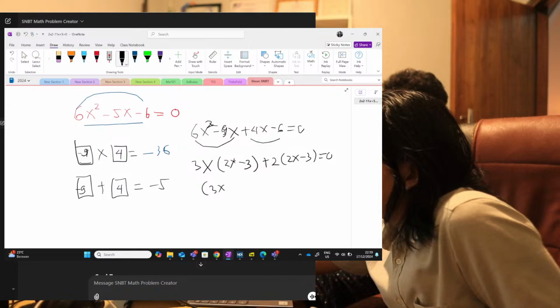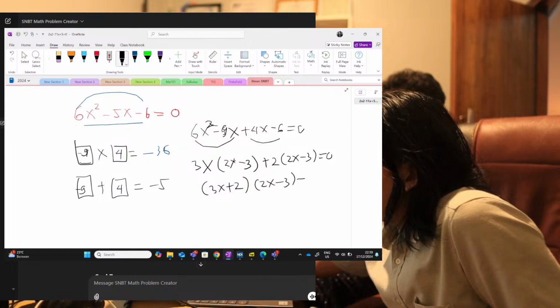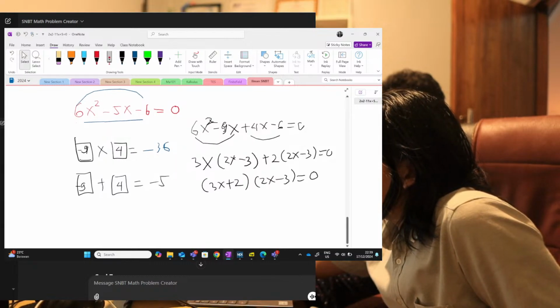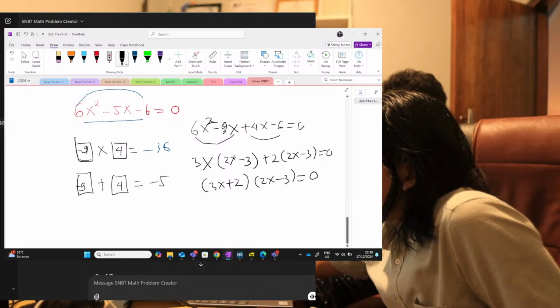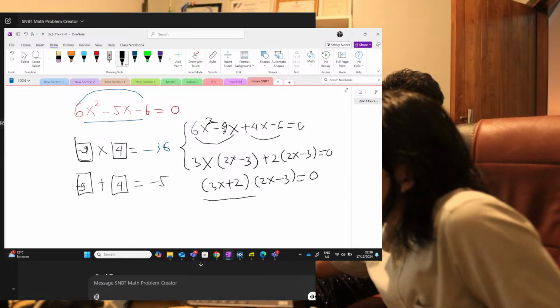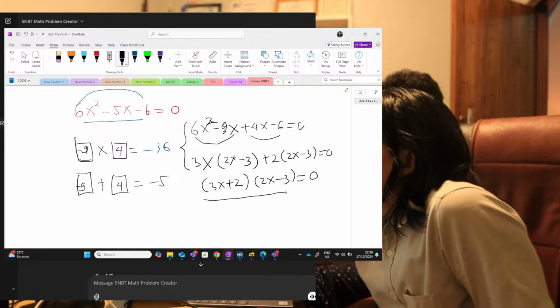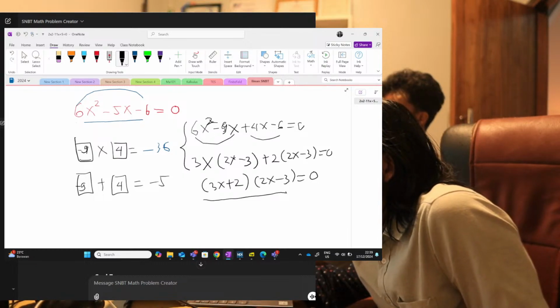Jadi (3x plus 2)(2x min 3). Nah, waktu itu pertanyaan saya adalah gimana caranya agar kita bisa bypass yang ini dan langsung dapat yang ini aja. Itu gimana mikirnya.